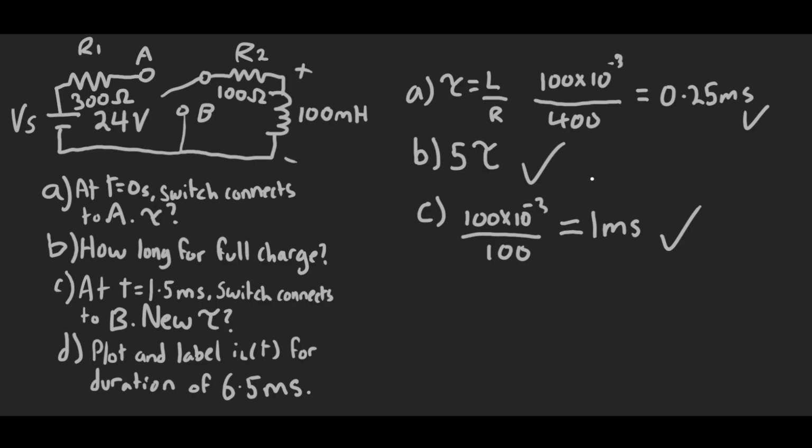Now for the final question, D, is to plot and label the current across the inductor as a function of time for the duration of 6.5 milliseconds. So let's plot this. Here we have the initial rise of the current as it charges. Here we have 1.25 milliseconds.